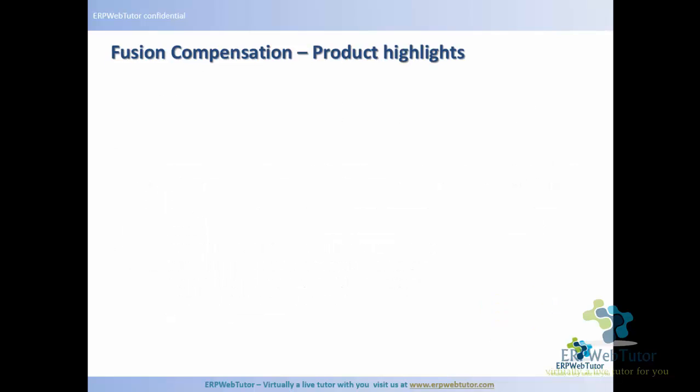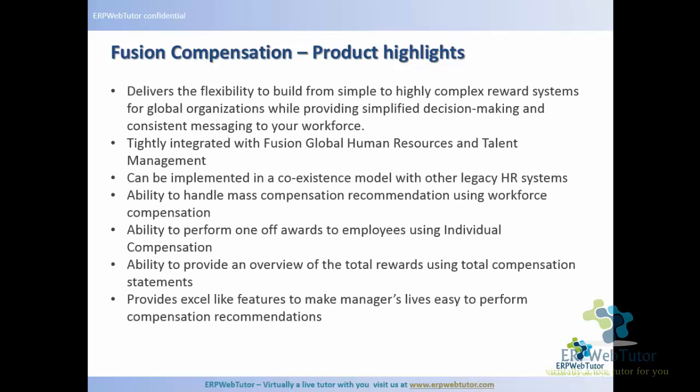Now let's talk a little bit about the product highlights. We know that Fusion compensation is a module within the HCM cloud. So let's see what some of the special features of this module are. It delivers the flexibility to build from simple to highly complex reward systems for global organizations while providing simplified decision making and consistent messaging to your workforce.